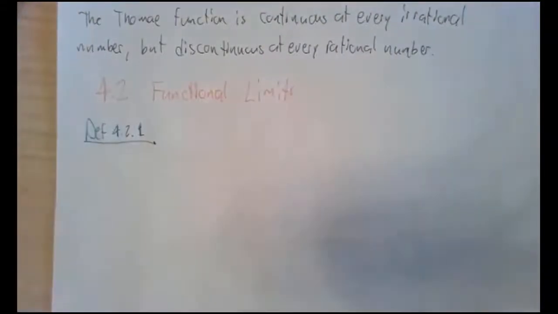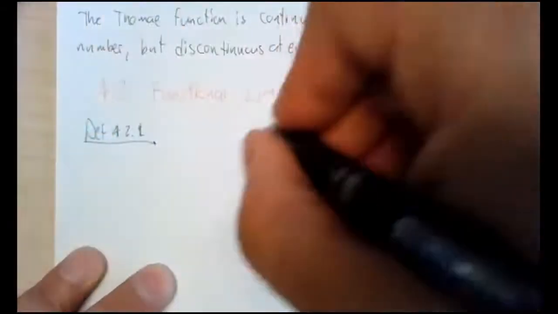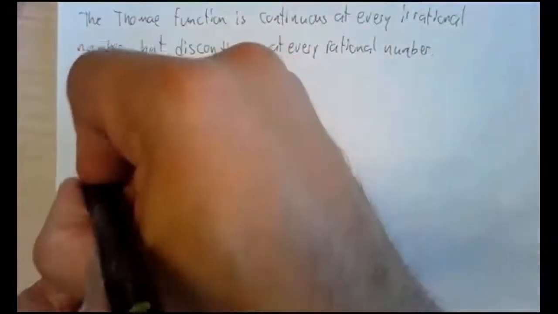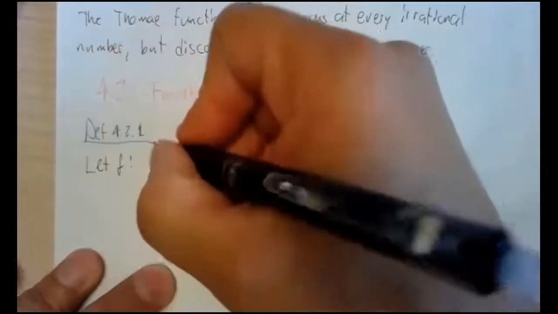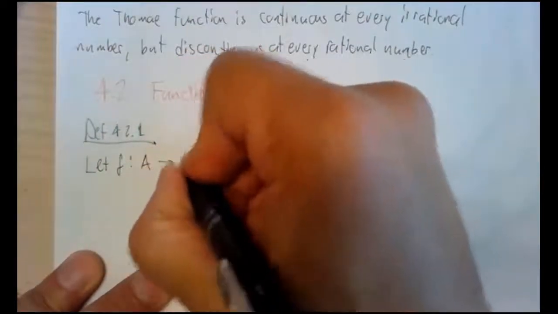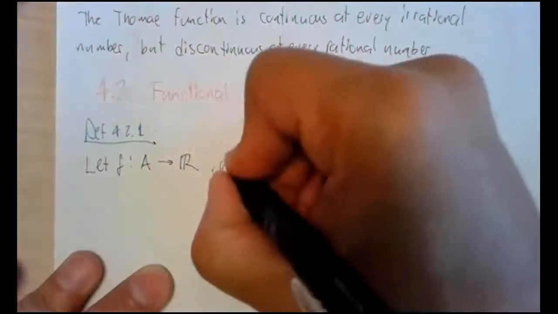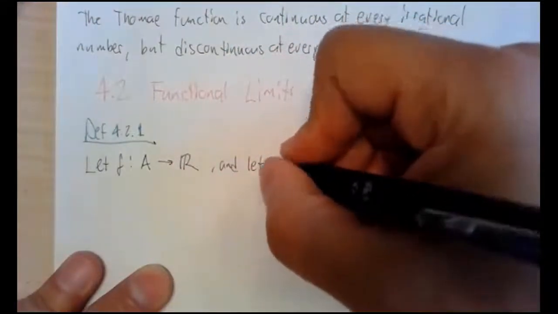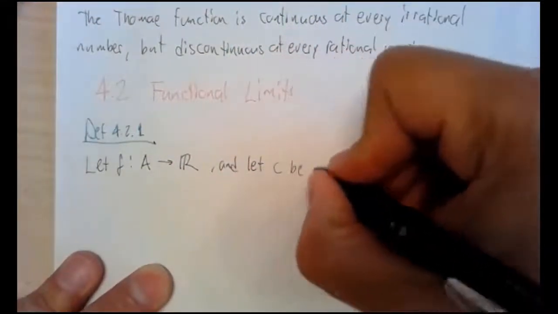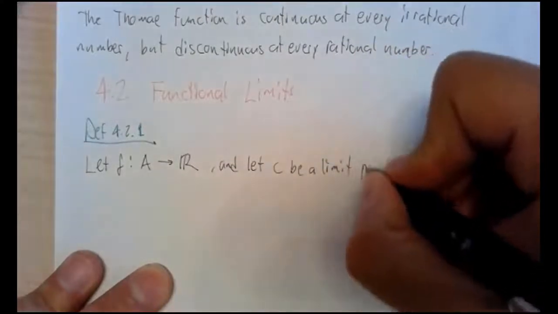So this is something that you're familiar with. I'm just going to try to phrase it in a slightly different way. So here we go. We say that we have a function from A to the real numbers, and we pick a point in the domain, a limit point.